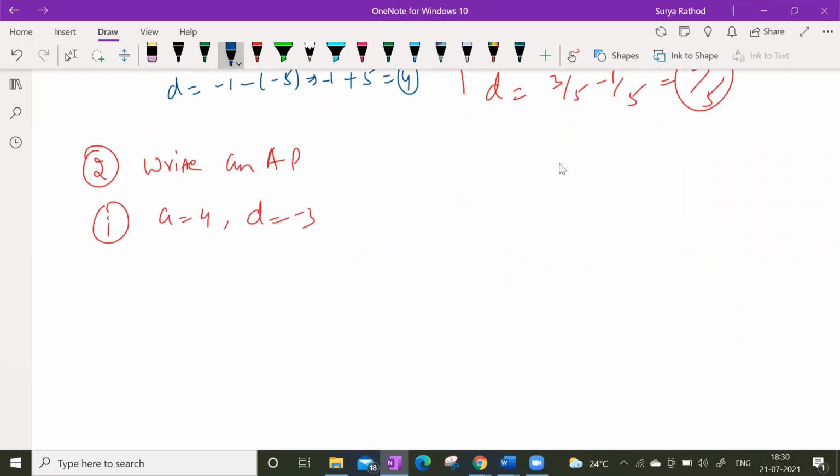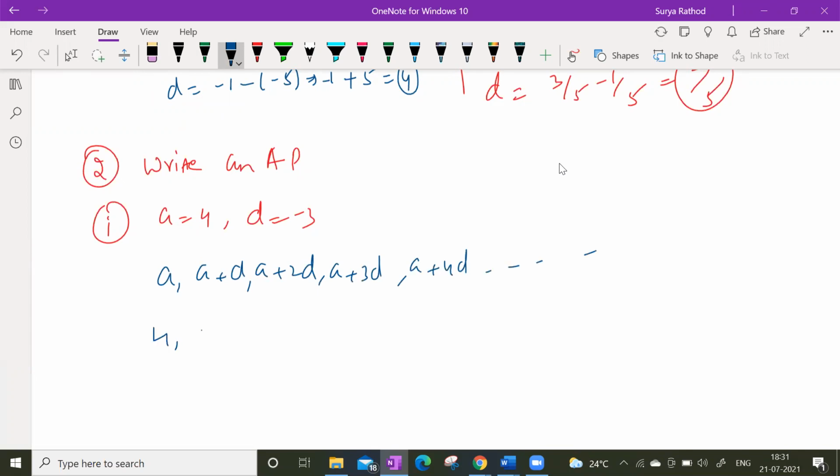So what is the first term? A is 4. What is A plus D? A plus 2D is what? Guys, what is my sequence here? So first term is A, second term is A plus D, A plus 2D, A plus 3D, A plus 4D, and goes on, isn't it?